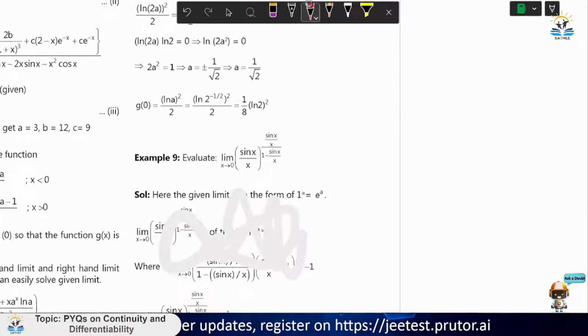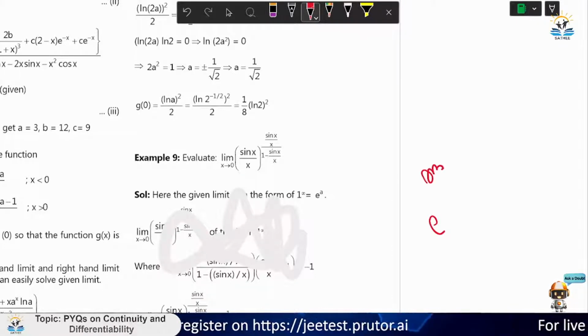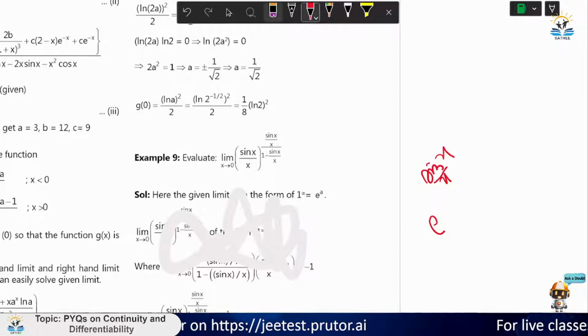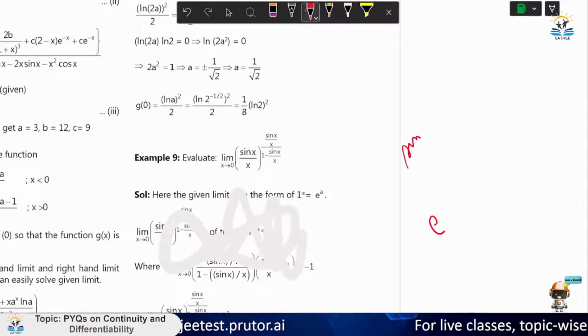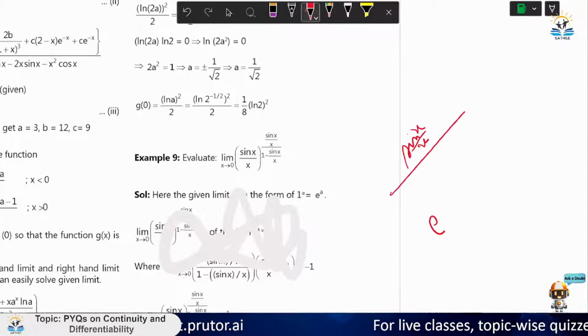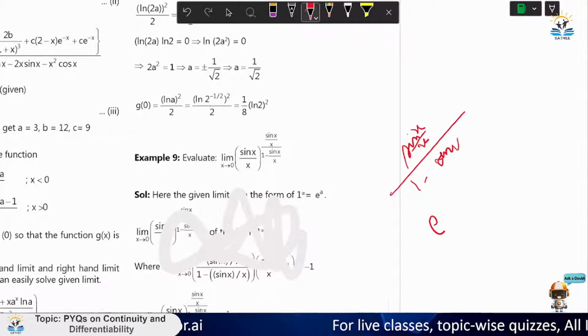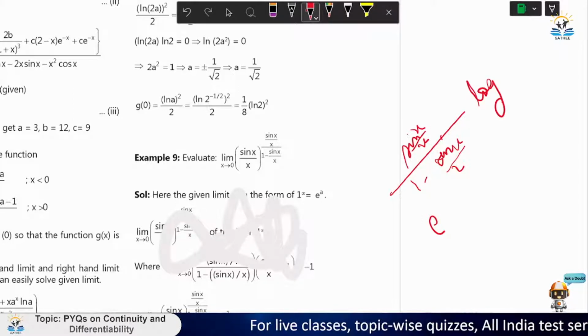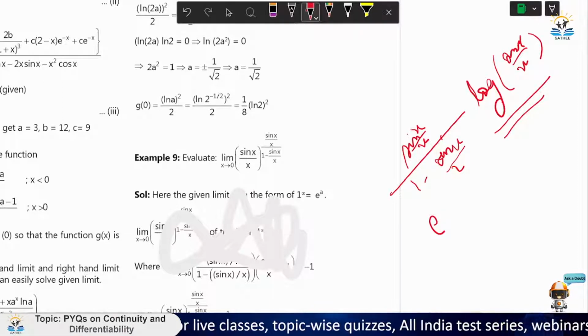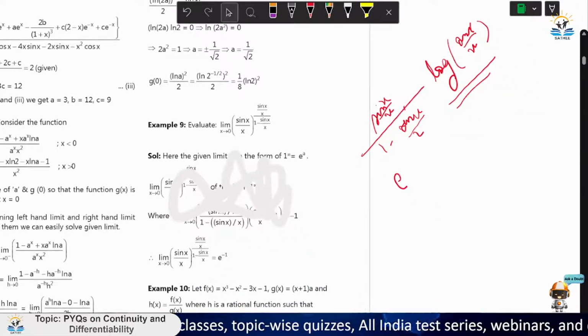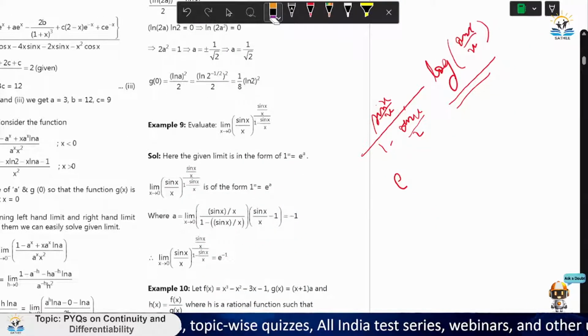So now to solve this, we write it as e to the power of (sin x by x) divided by (1 minus sin x by x) times log of sin x by x. Okay, my bad, let me write it a bit above. And this can be written as log of (1 plus (sin x by x minus 1)).